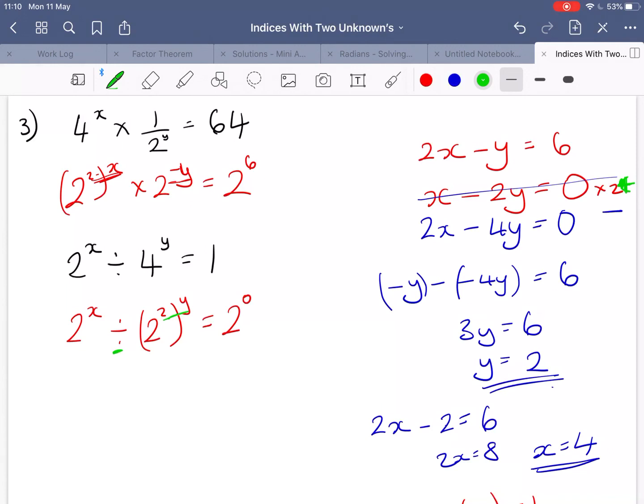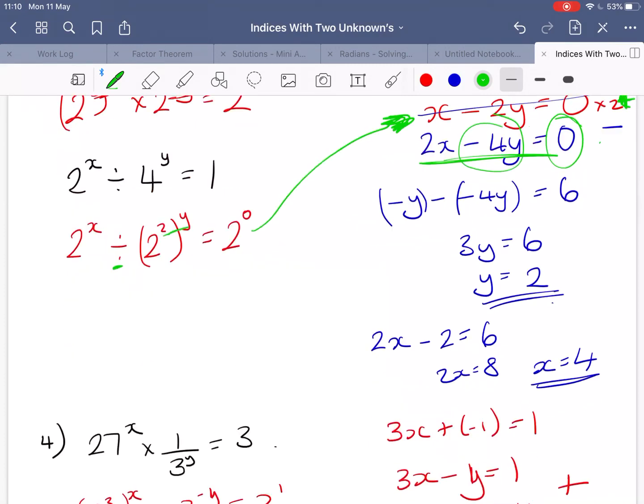Okay, so take this equation from this and you end up with minus y take away minus 4y equals 6 take away 0. So you end up with y equals 2, and when you substitute that back in, you get x equals 4. Sorry, that one created that equation there. I was getting myself confused because I was looking at this one.